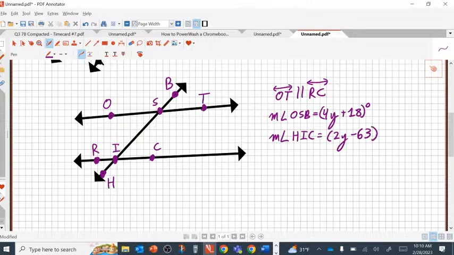So the question is, are these angles congruent, or do they add up to 180, and then use that to find out what y is and what all the remaining angles are?